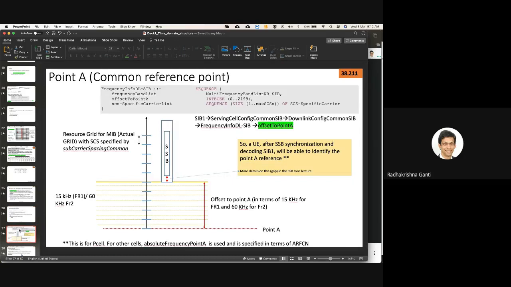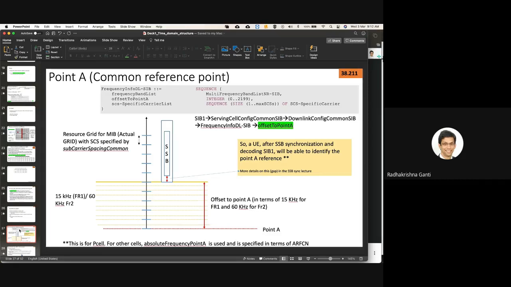I have to go a little bit ahead to do this. Essentially, initially, how does a UV lock onto the base station? A UV locks onto the base station by locking onto the synchronization signals. In this specific case, the synchronization signals are called SSB, which stands for SS block, synchronization signals block.